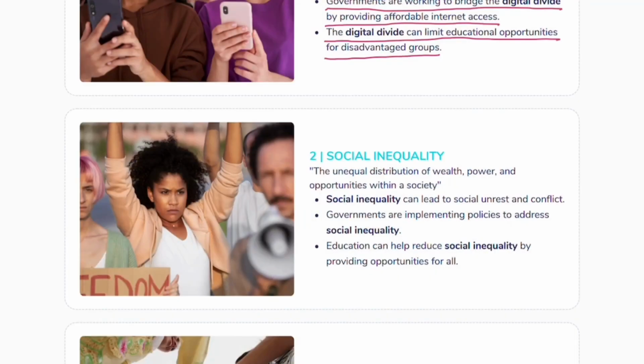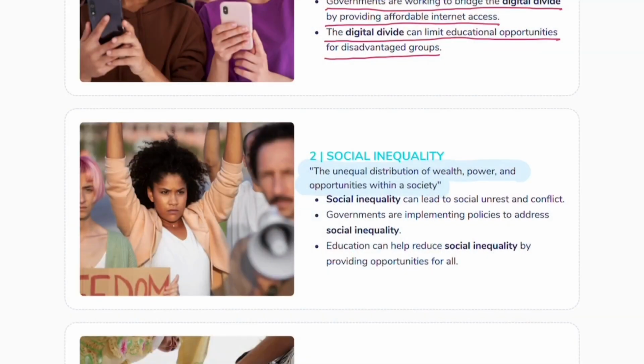So social inequality refers to the unequal distribution of wealth, power, and opportunities within a society. Again, the unequal distribution. This group has a lot more money than this group. In English, we say social inequality.